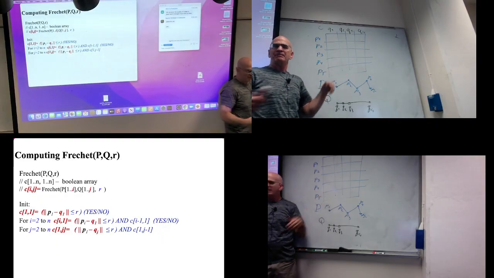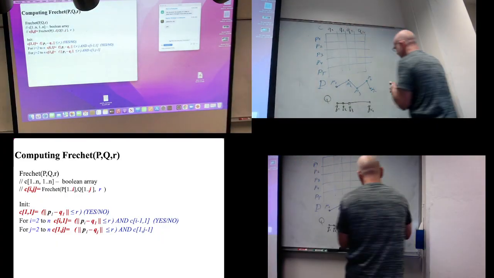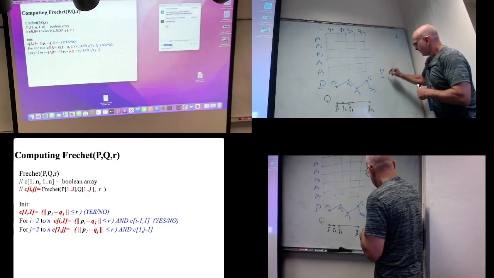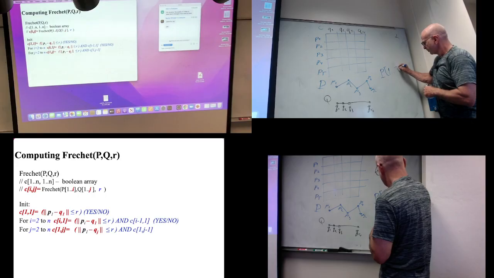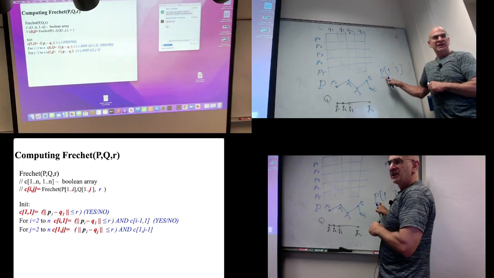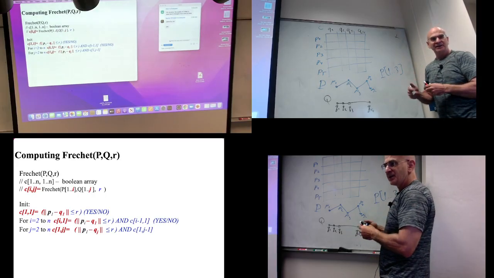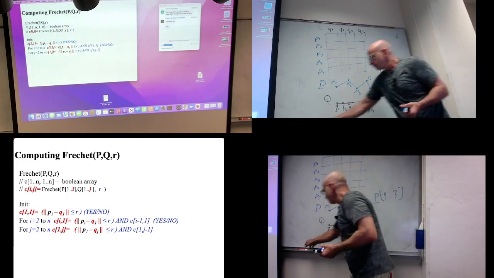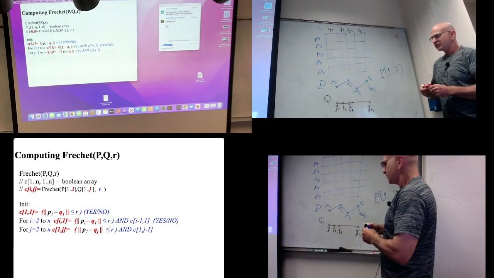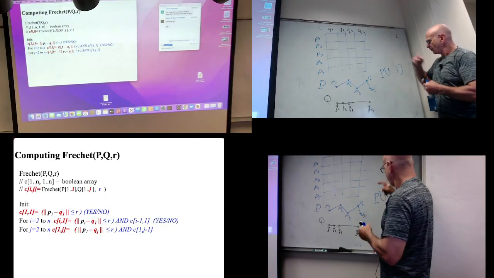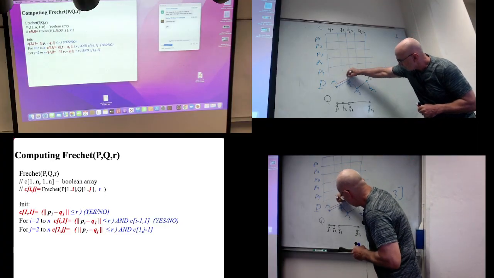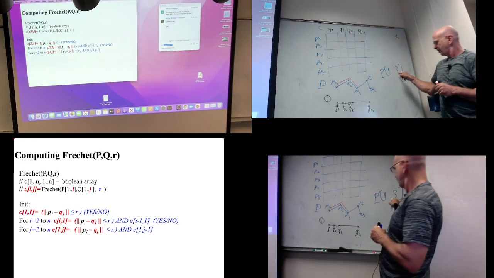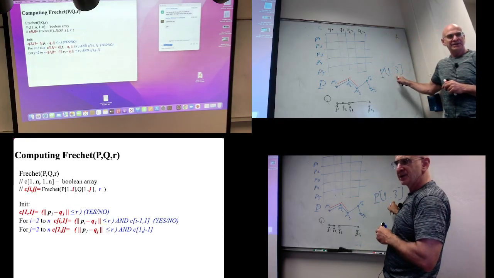When I write P[1..3], I mean the prefix of the first three vertices of P, compared to the LCS, the edit distance, dynamic time warping. What is P[1..3]? It's the polygonal path that consists of P1, P2, P3. A prefix of three vertices.